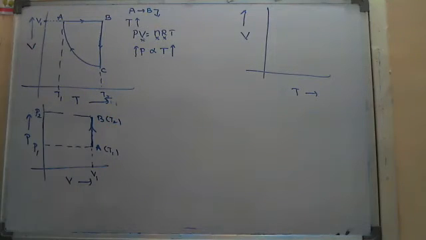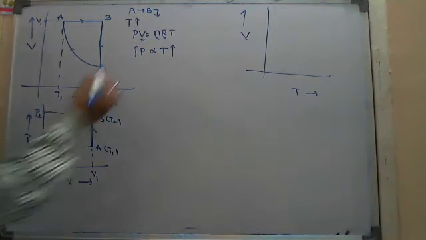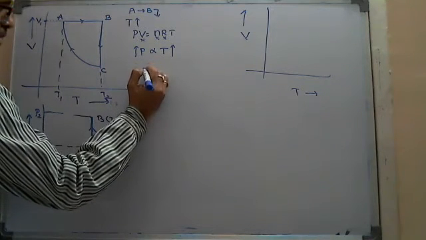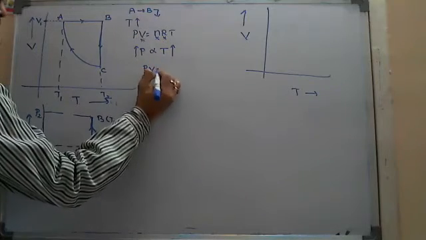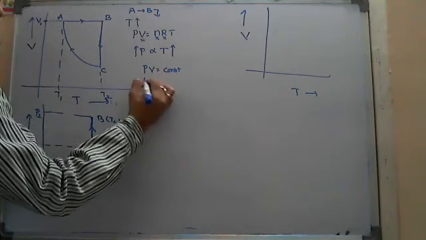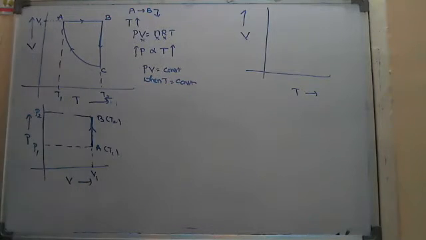When the temperature is constant, that is the isothermal process. In an isothermal process, from this equation we can write PV equals constant when temperature is constant. Here you require how the pressure changes with volume.